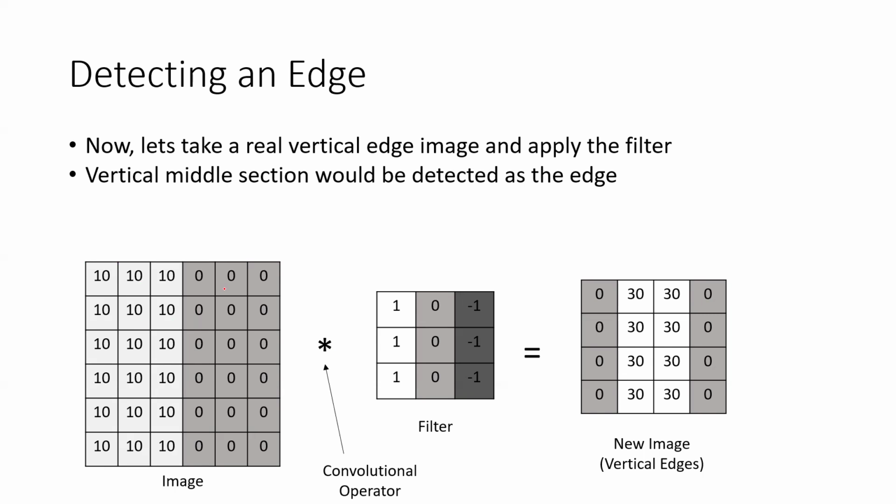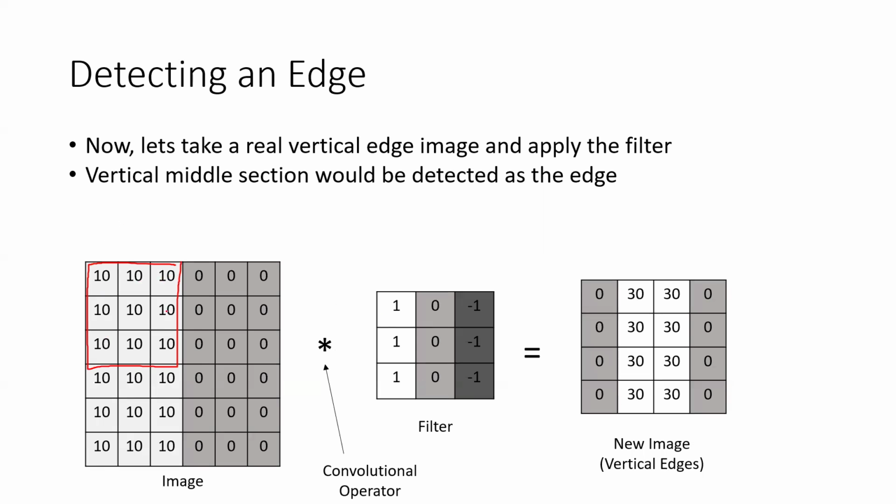Not to scale, but what you can understand is, first think how you are going to apply this filter to this image, right? For example, if you apply this filter in this section, because all the values are 10, 10 times 1, 10 times 1, 10 times 1, the addition would be 30, right?